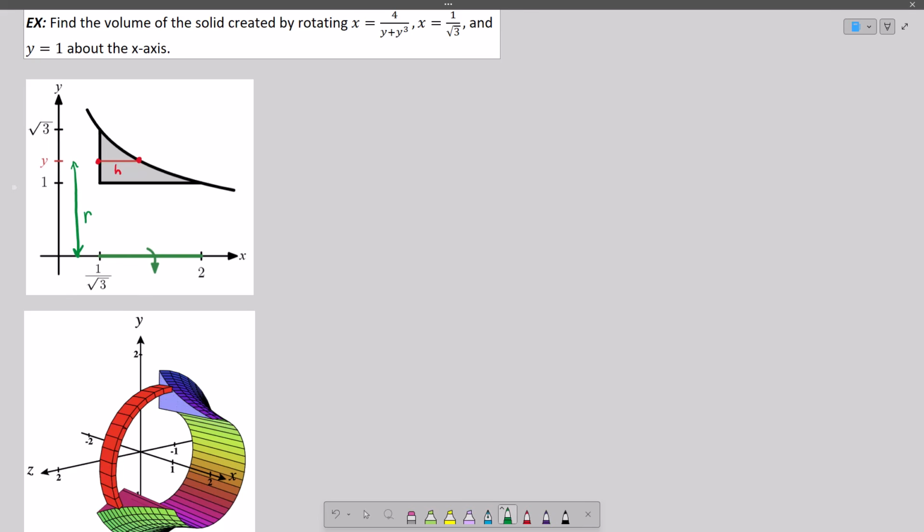No, because it's a horizontal distance, you're going to do the right x value. So the x value is whatever's to the right of the equal sign. That's the x value on the right. And the x value on the left is x equals 1 over root 3. This guy here, this is your right x value, minus your left x value is this guy.